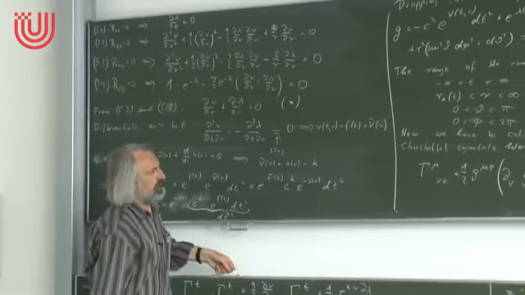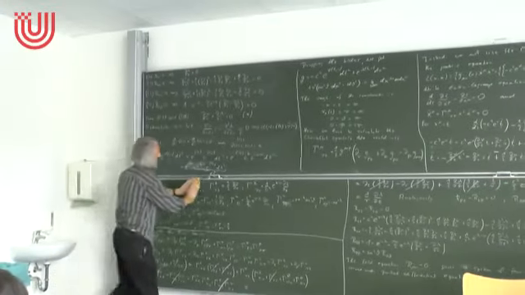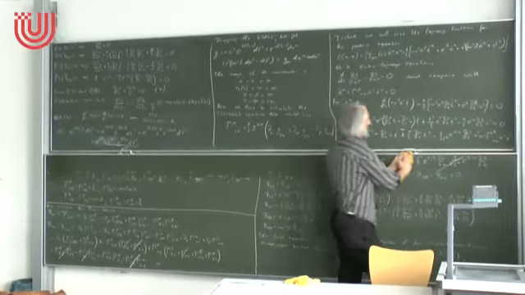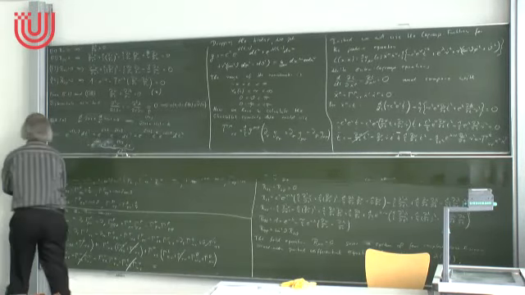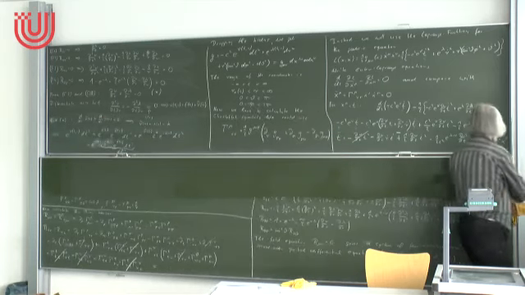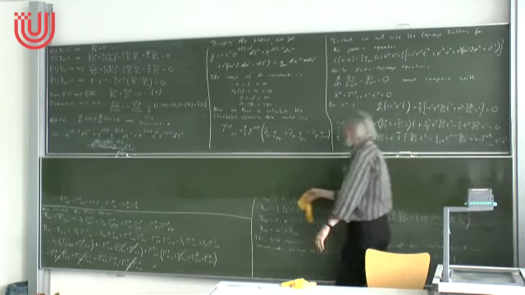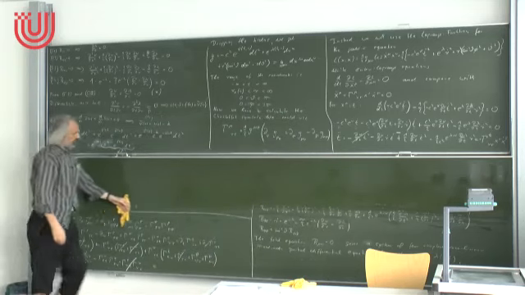I think now I can erase this. Can I? Yes, I think so. And then we are almost done. The rest is just solving an elementary ordinary differential equation for lambda.